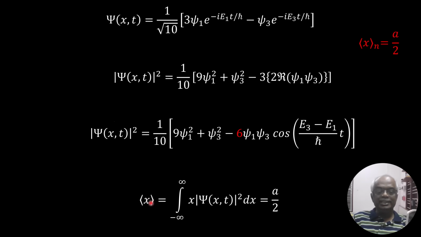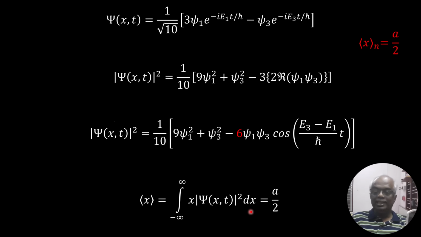Now, what is the expectation value of x? The expectation value by definition is equal to the integral from minus infinity to plus infinity of x modulus psi squared of x, t. This is naturally equal to a by 2. So even though the wave function is a superposition of two energy eigenstates, that is psi 1 and psi 3, the expectation value remains constant over time and is located at the center of the well.